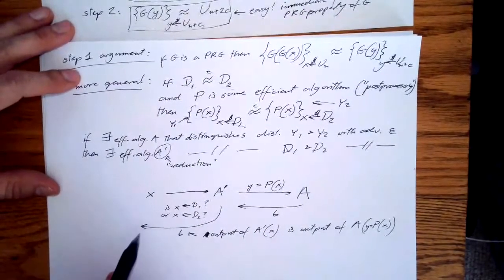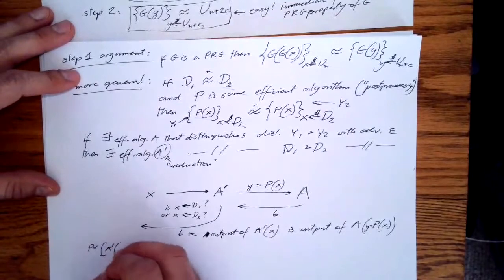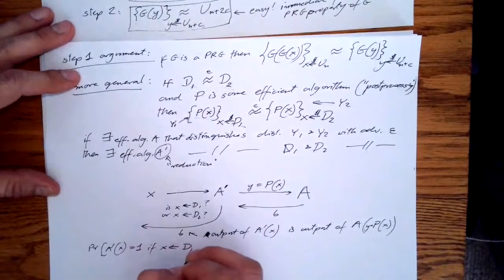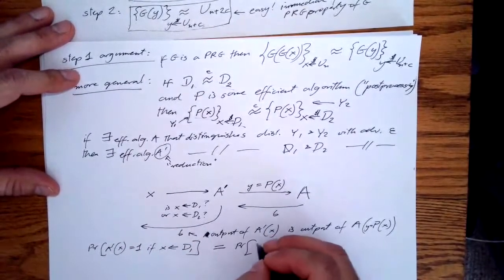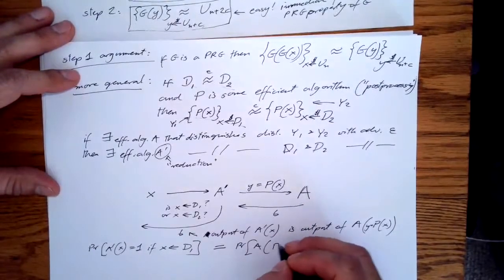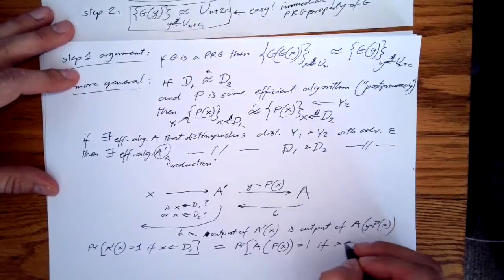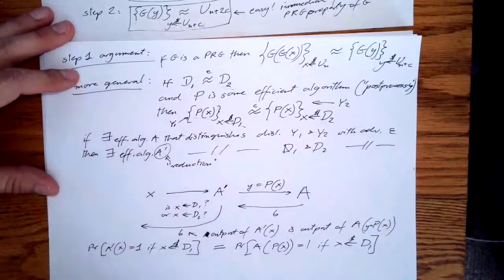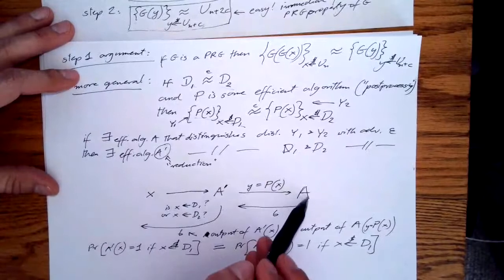And note that the probability that A prime on X outputs 1 if X is sourced from D1 is exactly the same as the probability that A on P of X outputs 1 if X is in D1. Right? Because if X is really from D1, then what does A see?